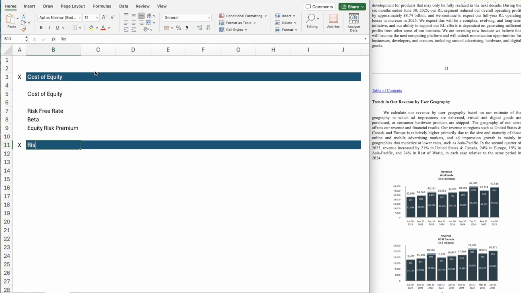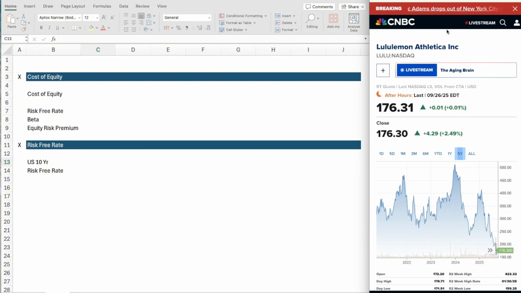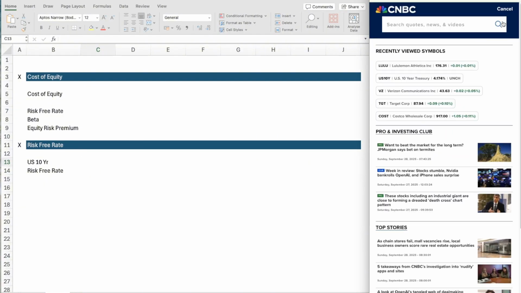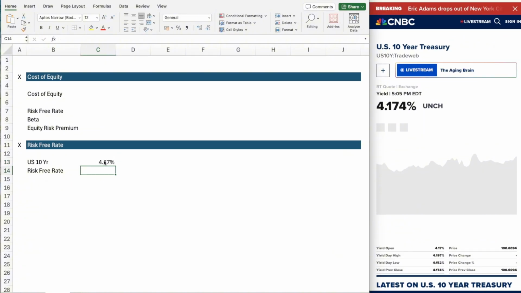What's the first one? Risk-free rate. That is the US 10-year. We know what the US 10-year right now is: 4.174%. So equals up here.